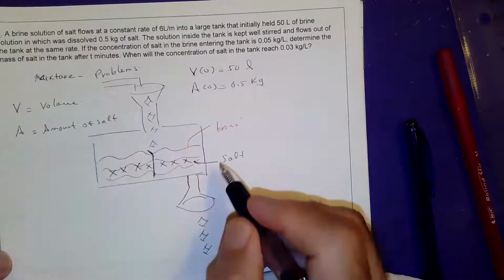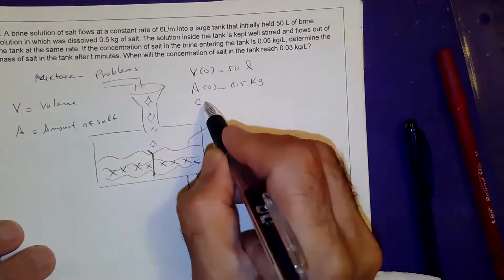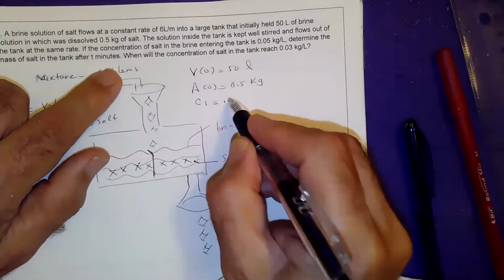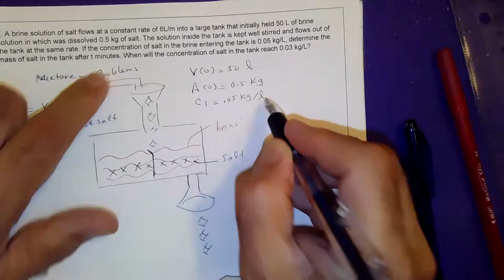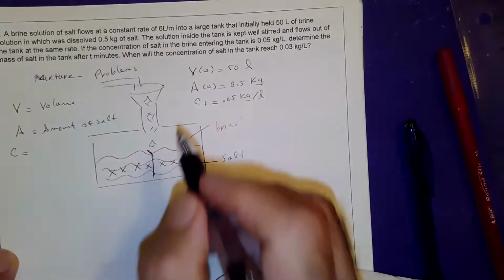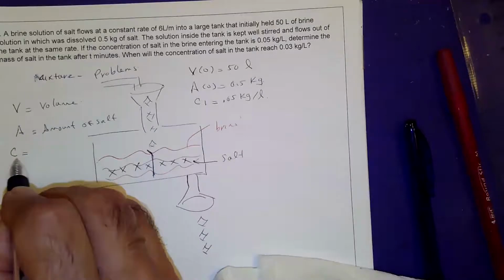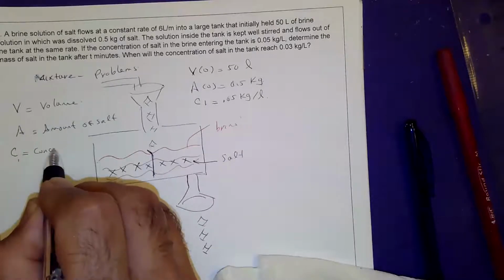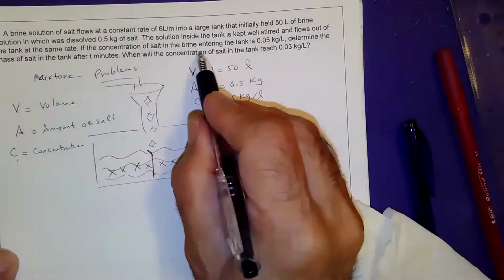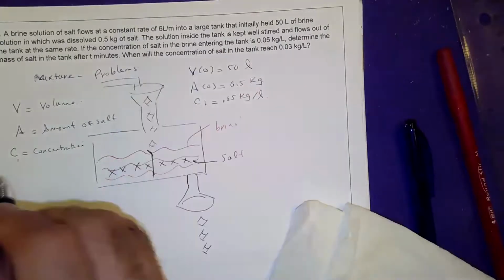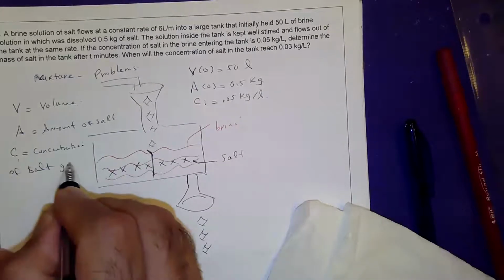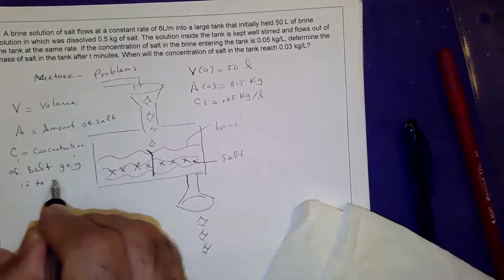Salt. Then I'm going to say C1 is equal to 0.05 kilogram per liter. And I'm going to make sure we all know what C1 is, which is the same as what? Concentration. Concentration of what? Of salt going into the tank.